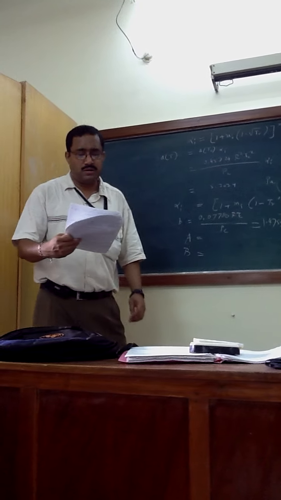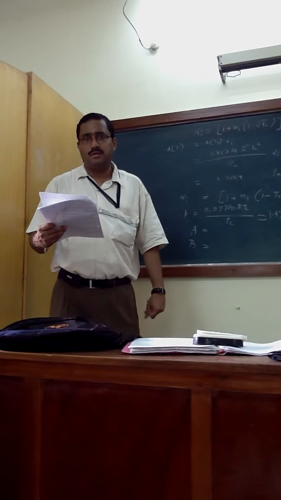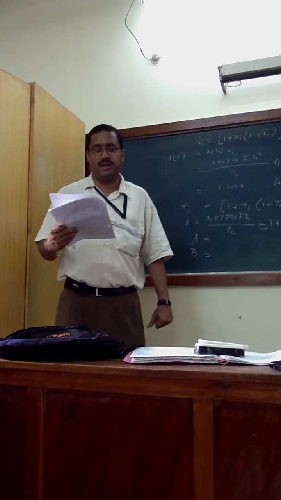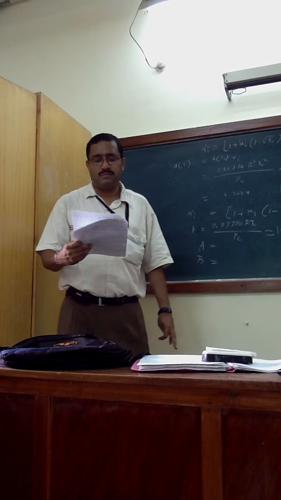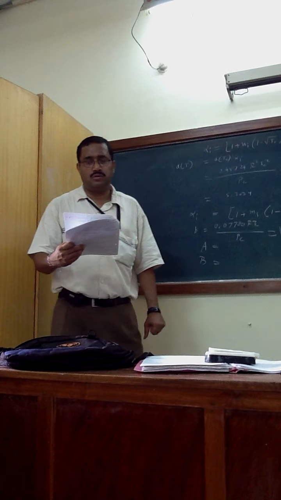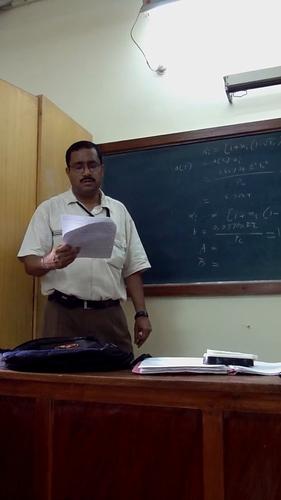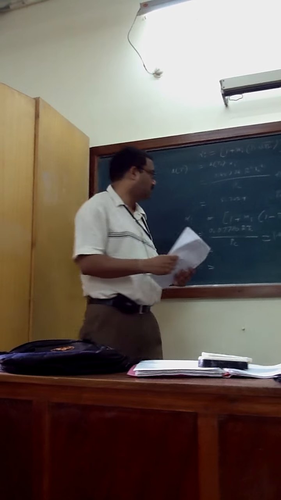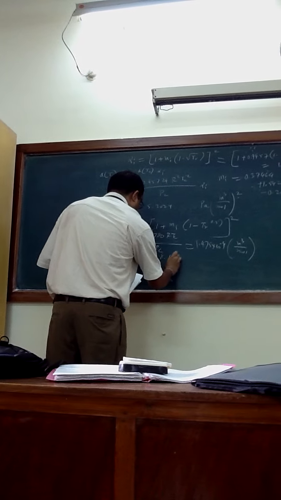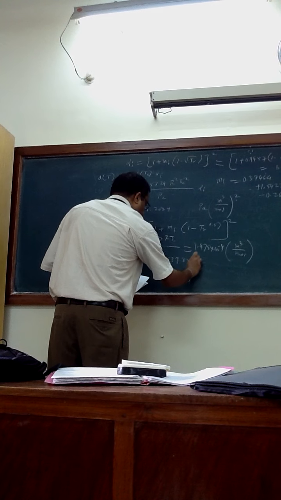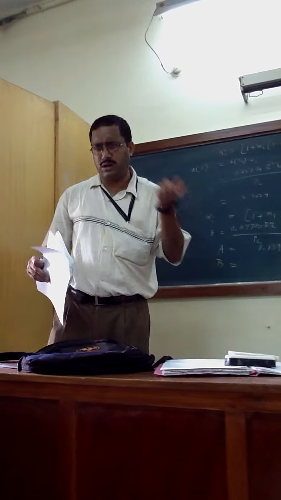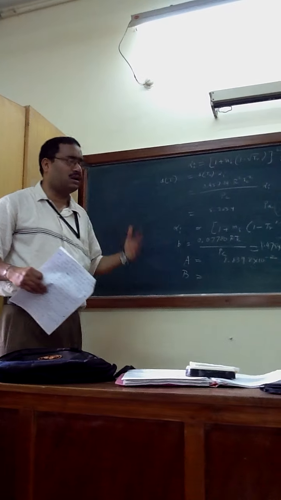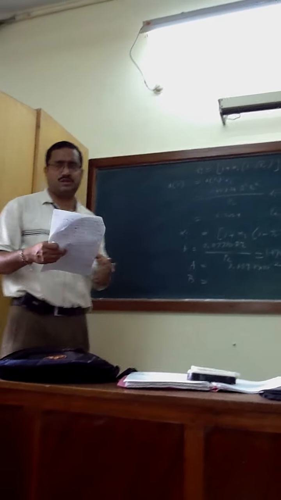A is known, right? Once the units are decided, then don't worry about capital A and capital B units, they are all straightforward. R is known. 0.088. Okay, I got 8.8398 into 10 to the minus 2. I always try to write like this if it is less than 0.1, that is 10 to the minus 1. It's better for further manipulation.